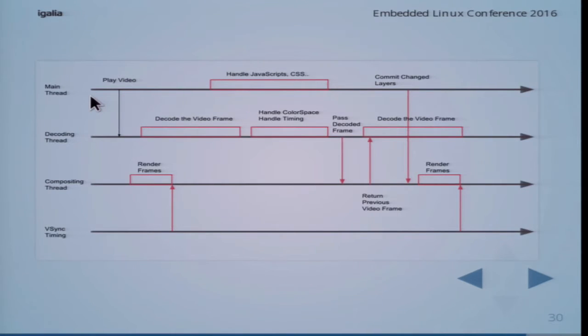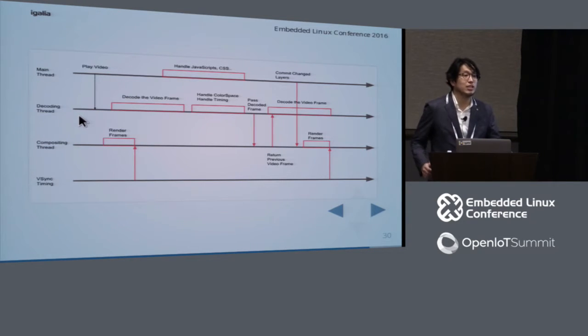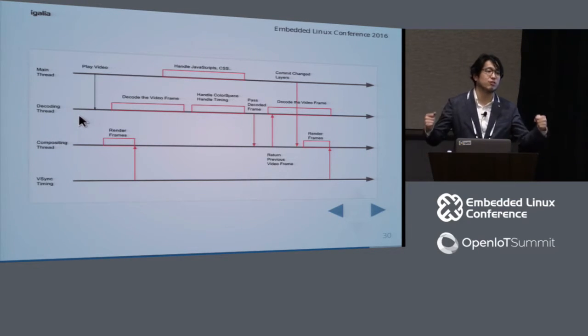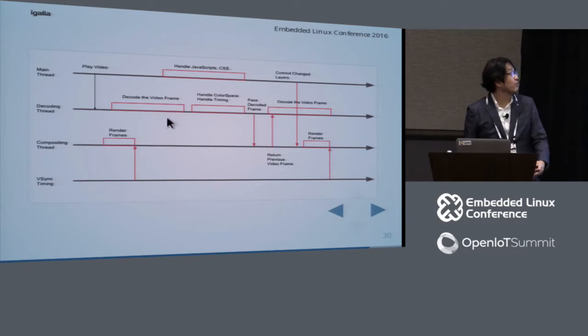If there is an autoplay attribute, it will start to play the video. In that case, the play video message will be passed to the decoding thread, and GStreamer will start to consume those sources, file sources or network sources, and start decoding frames.